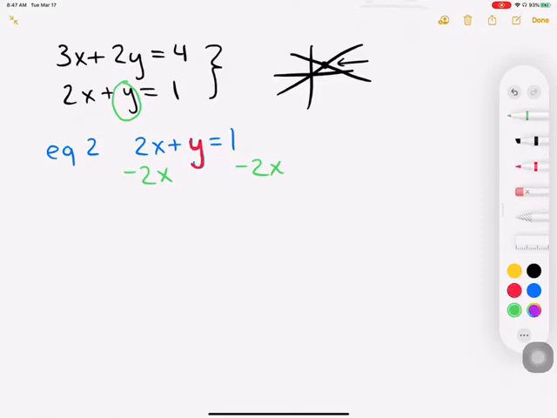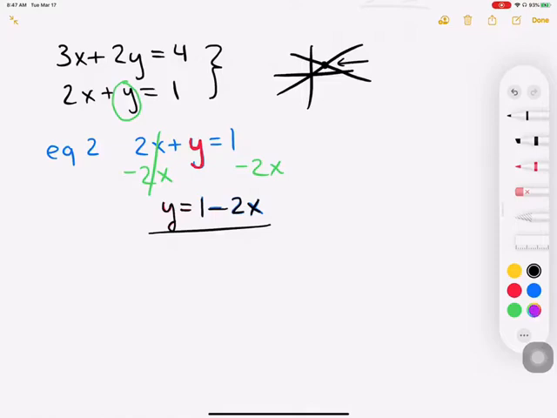The left side is going to cancel out those x's, and the only thing that's going to remain is y equals, and what remains on the right side is 1 minus 2x. So this is my new equation, y equals 1 minus 2x. That's the transformed form of the equation.